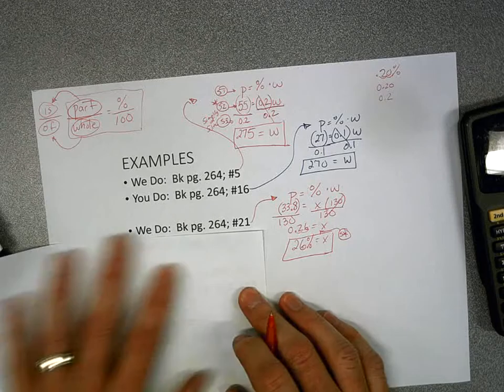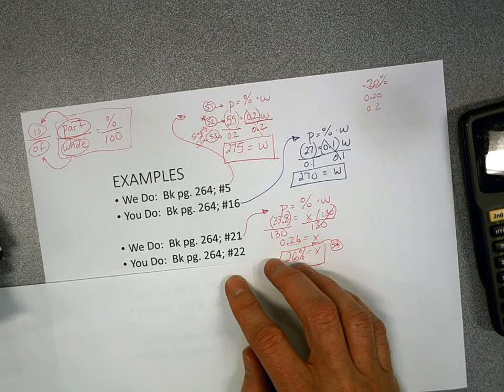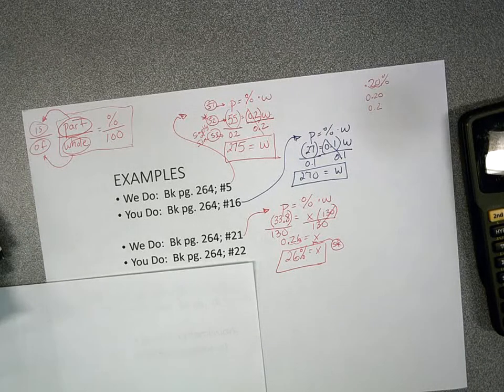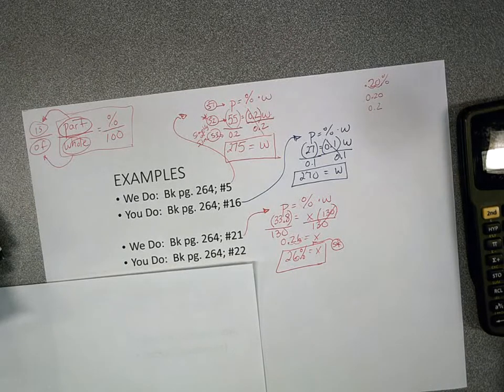All right, you ready to try one? Here we go. Problem 22, very next problem. Go. All right, how many of you need more time? Okay.